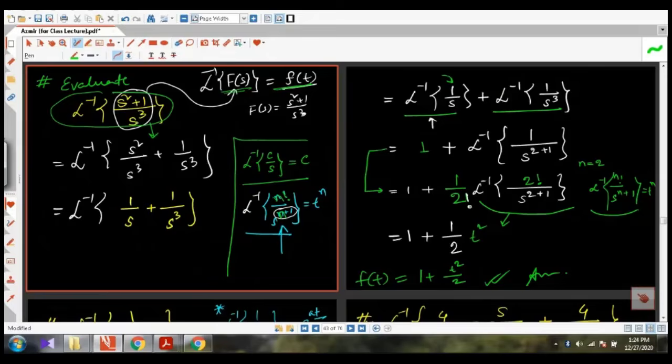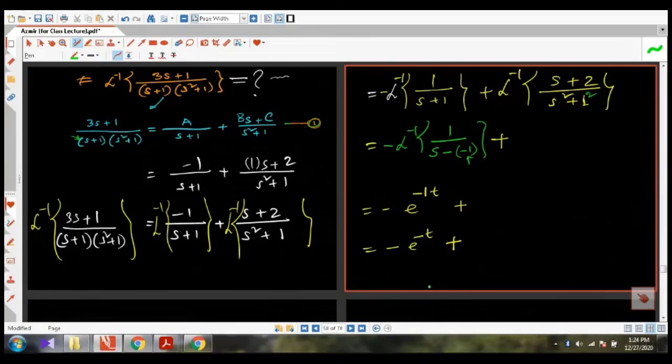Suppose we have s squared plus 1 by s cube. We can also simplify some parts so that we can get the main formulas to apply, right? Yes, sir. So we can also use this basic concept. So what we can do here is split it up: s over s squared plus 1 plus 2 over s squared plus 1.